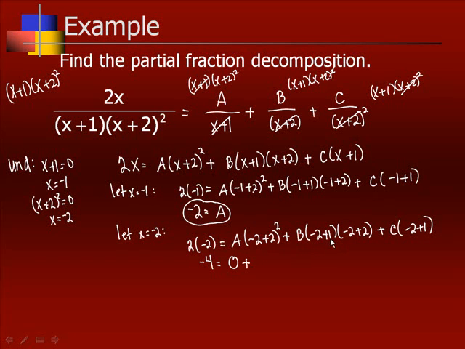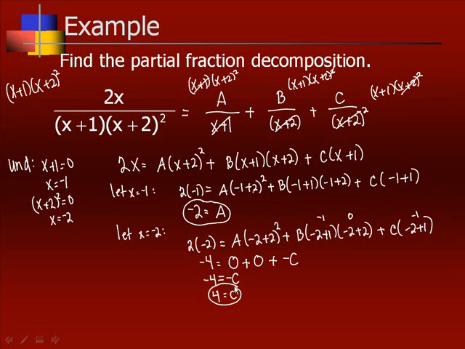Over here, negative 2 plus 1 is negative 1, and negative 2 plus 2 is 0, so B times negative 1 times 0 is still 0. For C, negative 2 plus 1 is negative 1, so C times negative 1 would be negative C. So we've got negative 4 is equal to negative C, which says that C is equal to 4.